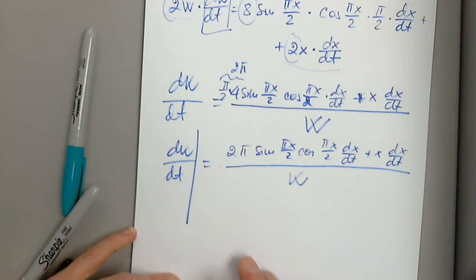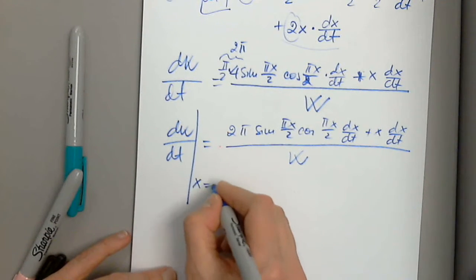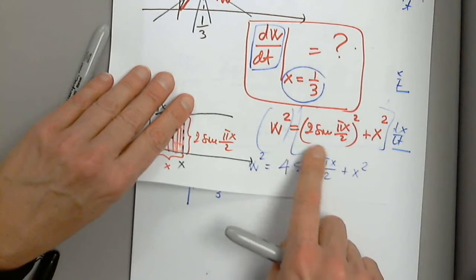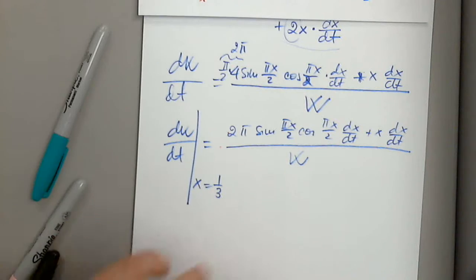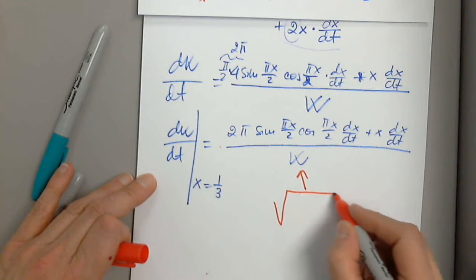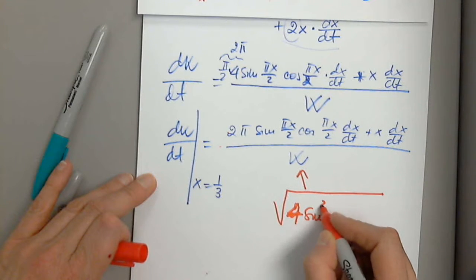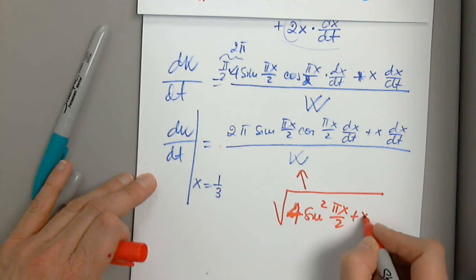And now I will say when x is 1/3. And you can say, wait a minute, you didn't determine w. Oh, there's no problem. From here, I can take the square root and find w. So this piece will be the square root of 4 sine squared pi x over 2 plus x squared.